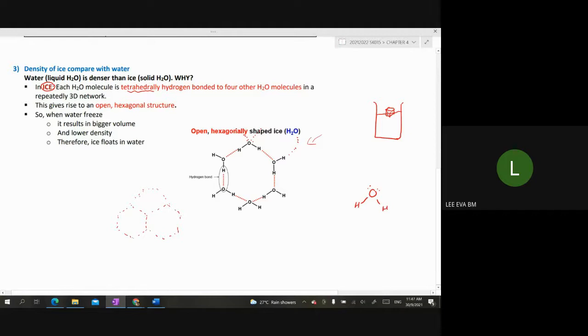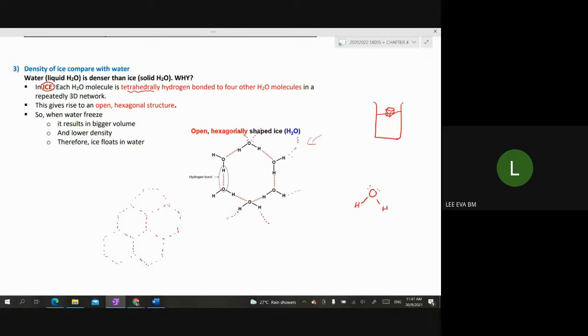So this one's something like this lah. Okay, you will have the hexagon shape all over in the ice. Okay, when one of the oxygen is making 4 bonds tetrahedrally, so this one is making another bond with another water molecule. Okay, so over here also making another bond, and something else. So each of the water molecule, just now madam said, can form 4 hydrogen bonds.